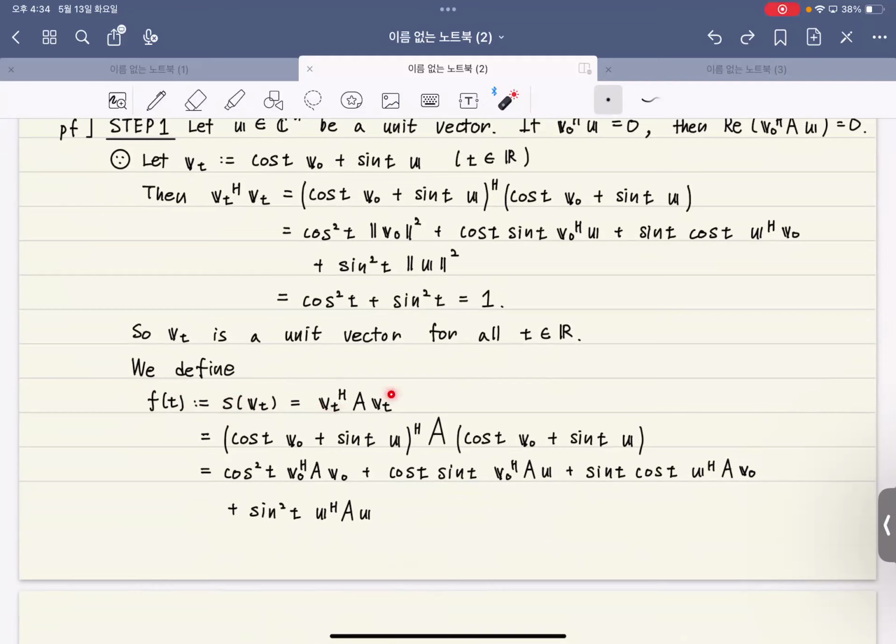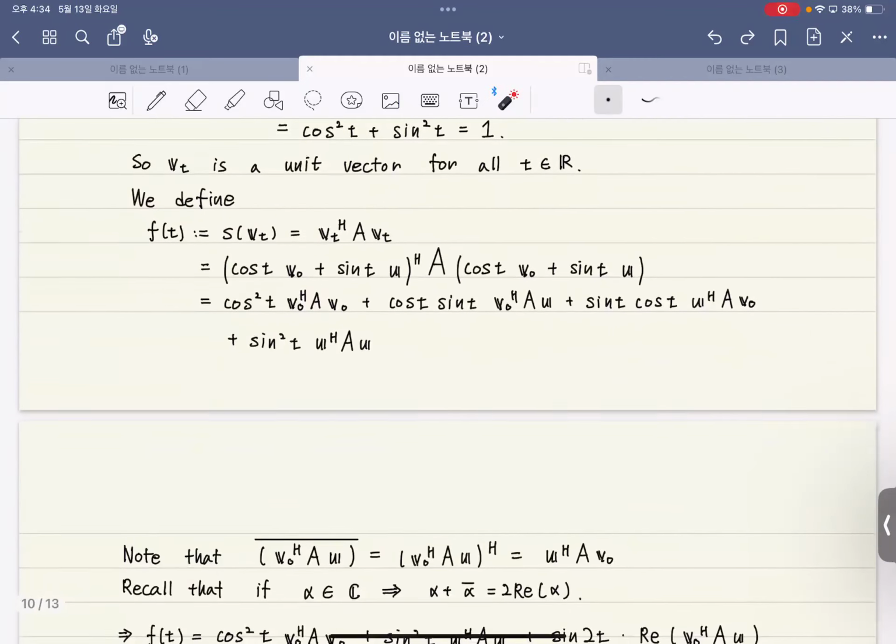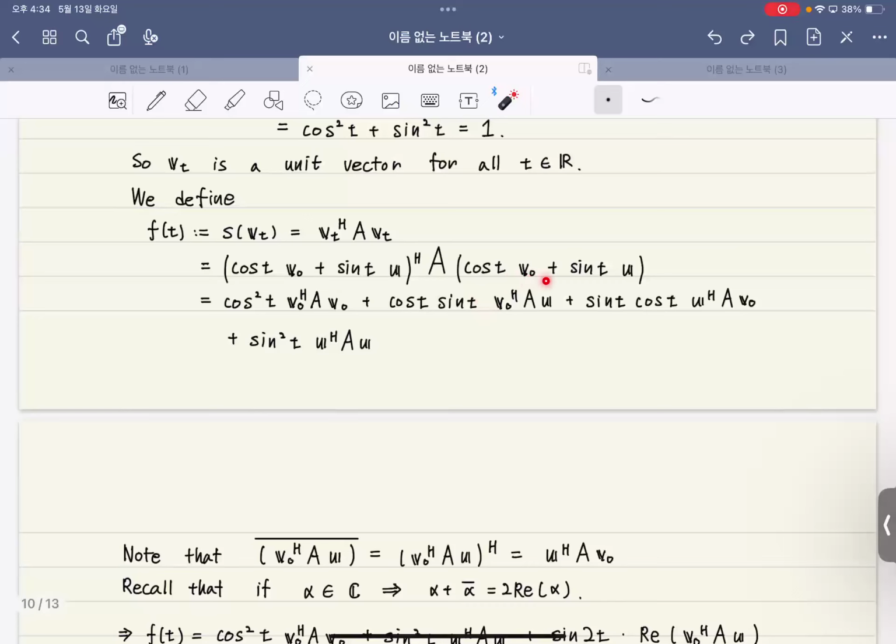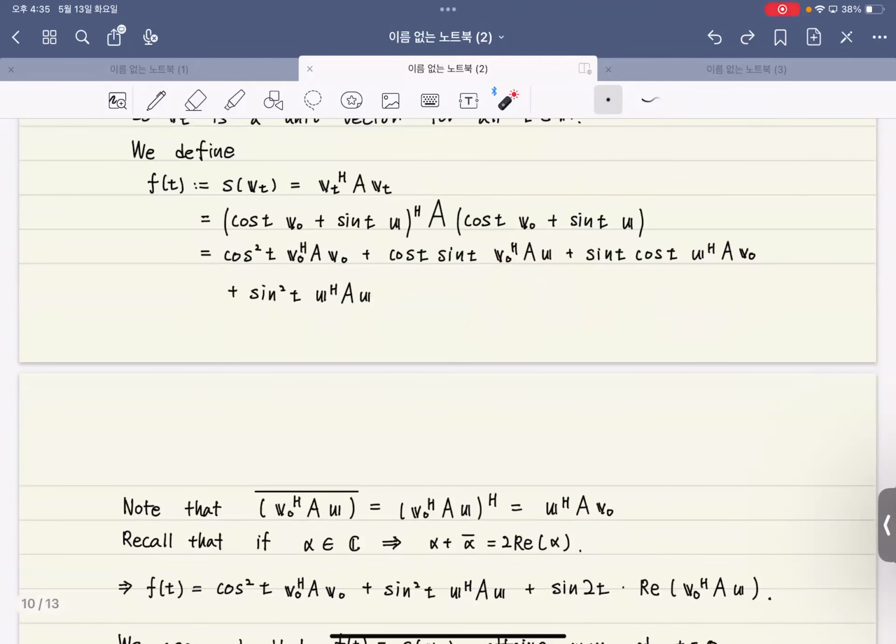By definition of s, and with some tedious computation, you have to notice that this complex conjugate is the same as the Hermitian of this, so this is a complex conjugate of this number.